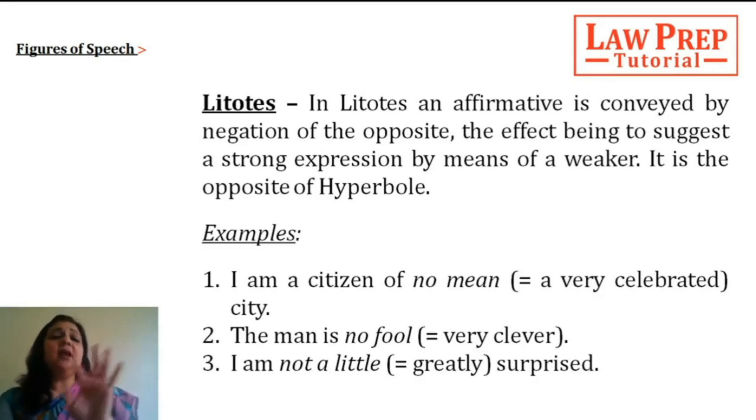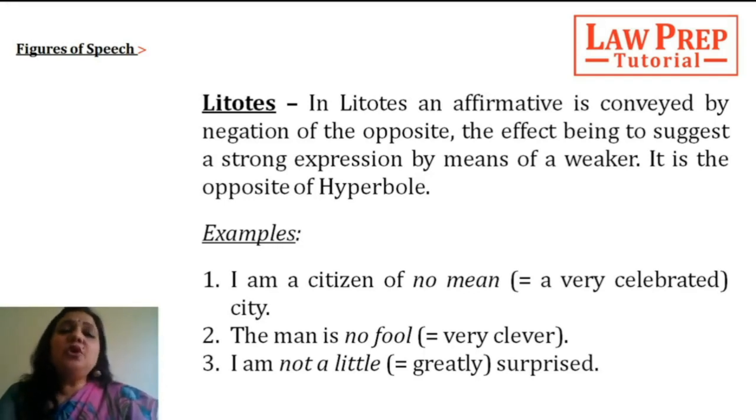If I say I am not non-vegetarian, what does it mean? I am vegetarian. When I say he is no mean poet or he is no less person, that means he's a great person. You are writing in the negative, and the meaning comes out positive.